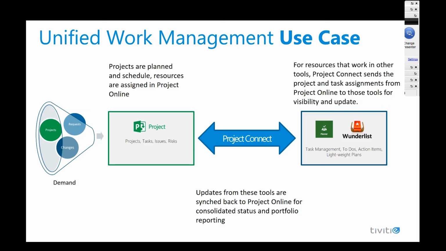Meaning that whether you updated the project task, for example, in Microsoft Project, going back to Project Online, or Planner or Wunderlist, the net result back into the project management system would be exactly the same. Hopefully that makes sense.